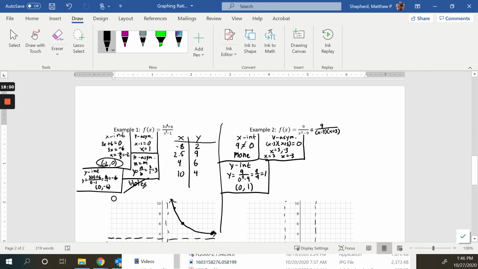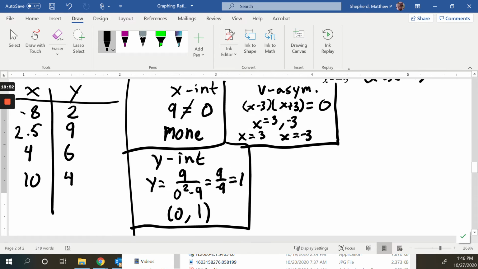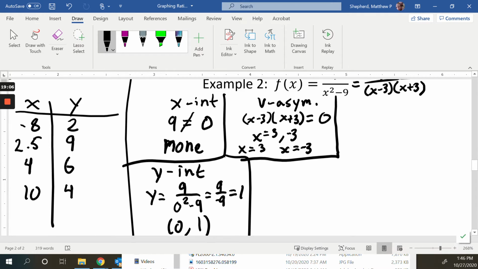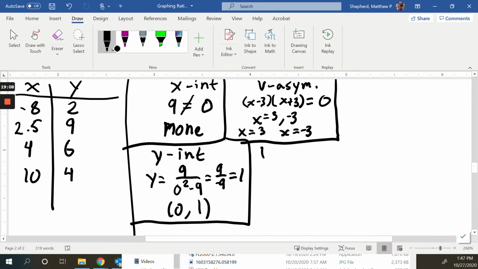Okay, so now that we've got a vertical asymptote, let's look at the degrees of the x's. Notice the denominator has a degree of 2. The numerator does not even have a degree. It has a degree of 0. So the denominator would be greater. So as we talk about horizontal asymptotes or slant, what we do have is that the numerator has a lower degree than the denominator.